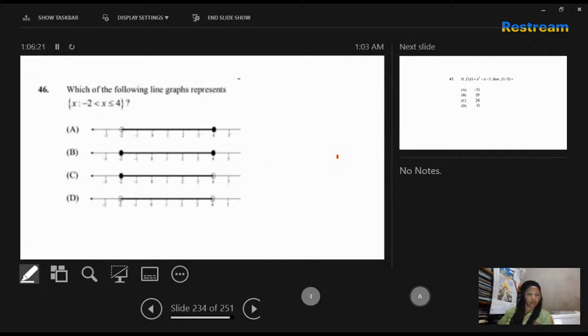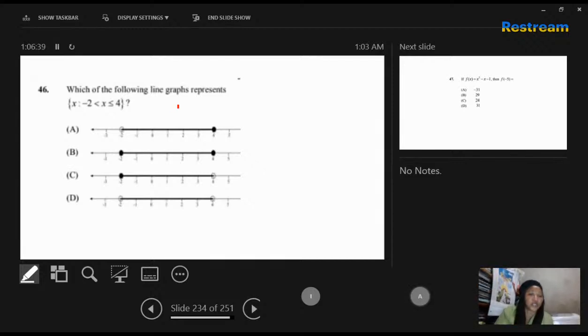So x is greater than negative 2, so that's A, and less than or equal to 4. I think the answer is A.